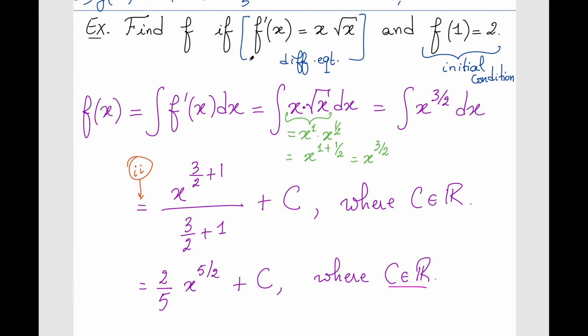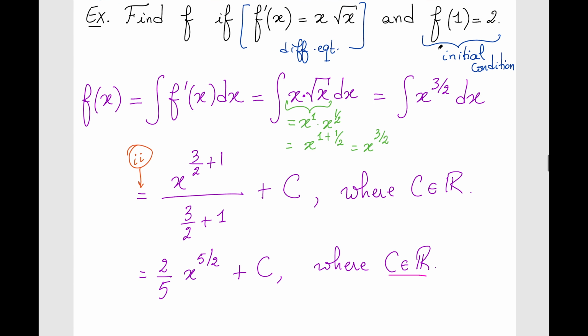So among all of these functions that do this job, the question wants us to choose the function that verifies this condition: f of 1 must be 2. So they want the function that goes through the point 1 comma 2.